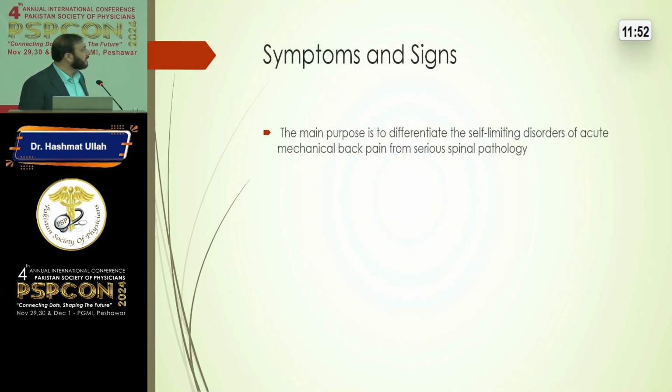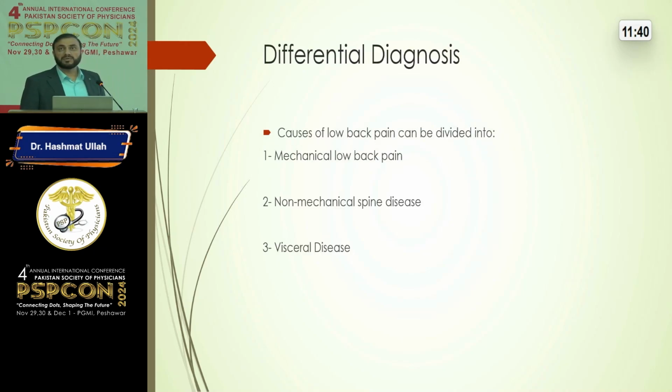The main purpose is to differentiate the self-limiting disorders of acute mechanical back pain from serious spinal pathology. We need to take a very good detailed history and examine the patient. So our main focus in this presentation is the importance of history and examination, as well as a proper indication for the use of MRI as an imaging technique.